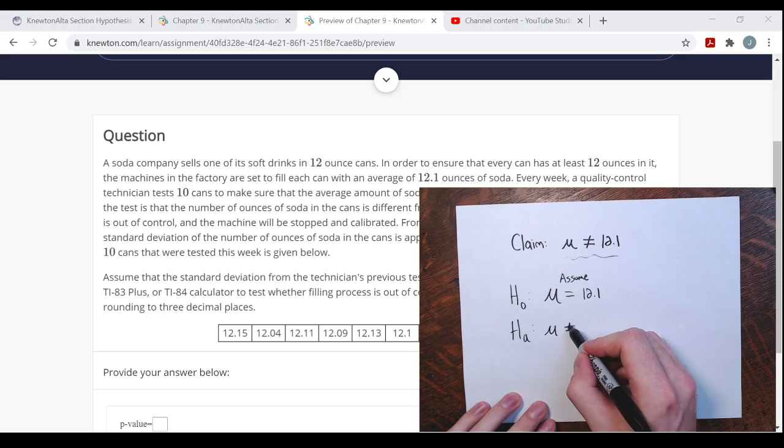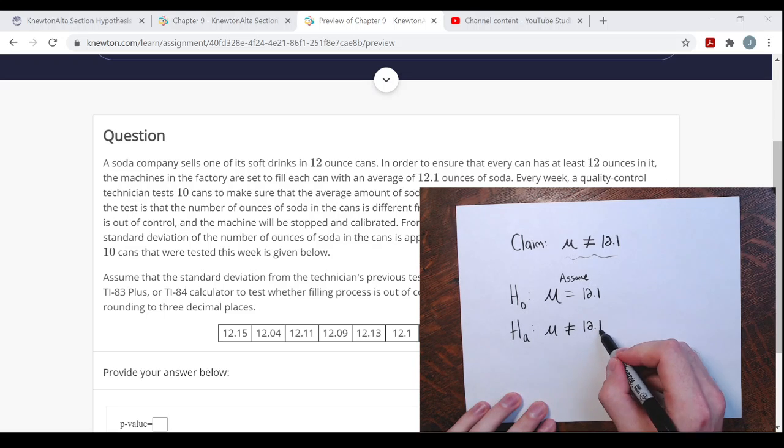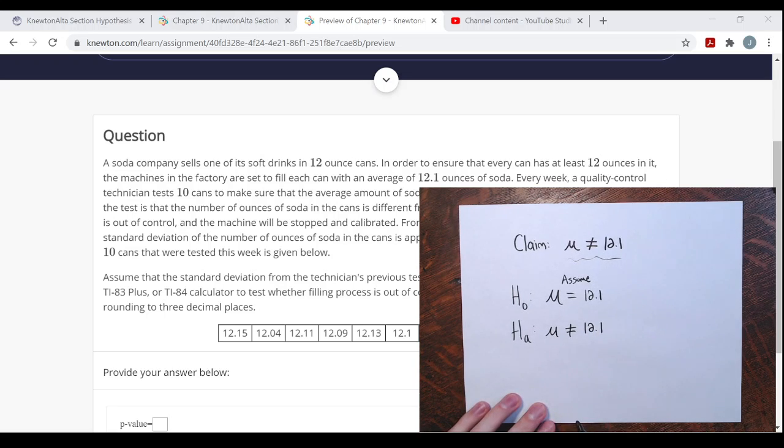The alternative hypothesis is the opposite of that, that it's not equal to 12.1. Now the significance level, alpha, was not given. They might give it to us after this, so I'm not going to say it's 5% or anything like that. But if it's not given, usually we'll assume that the significance level is 5%. That's a pretty reasonable significance level for most hypothesis tests.